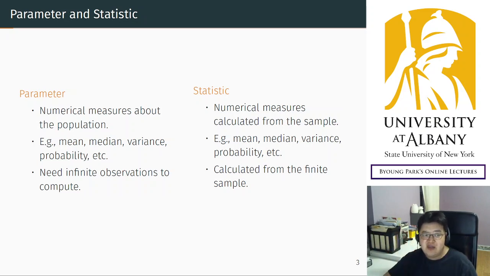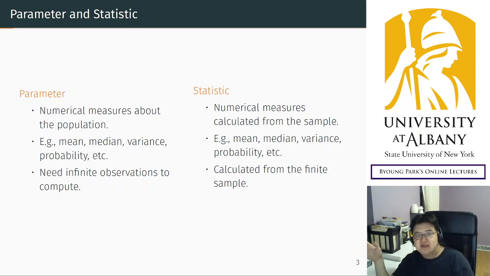Anything you can obtain only when you know the population will be referred to as the parameter. Simply speaking, this is what you want to know, and you need infinite observations to compute the parameter. So the parameter will be our target. It is a description about the population.